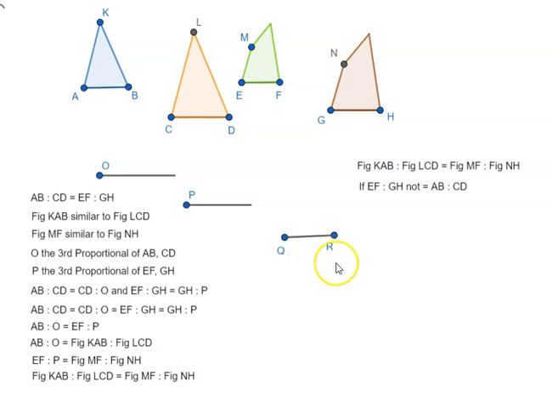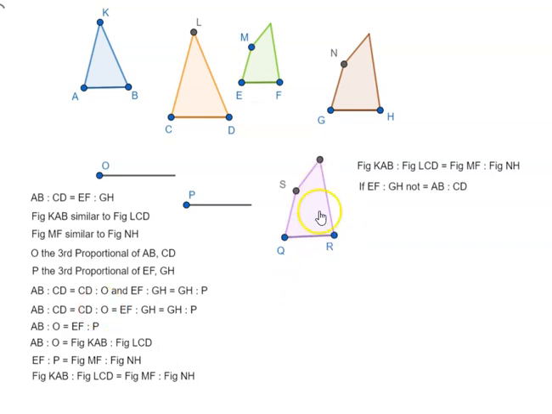This is our fourth proportional. And on this, we describe a rectilinear figure. Remember, we are not copying this figure here. We are creating a figure on this similar to this. So let's describe that figure.